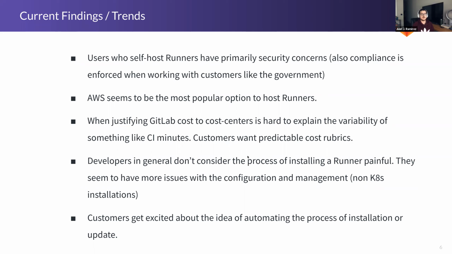And it's also kind of interesting because many people said that with GitLab, it's kind of hard to explain to their bosses or to their decision makers, oh, we're paying for GitLab, but we're also paying for Runner. You know, it's kind of weird. They almost feel that it should be just a single cost rubric. So that's an area of friction for customers as well.